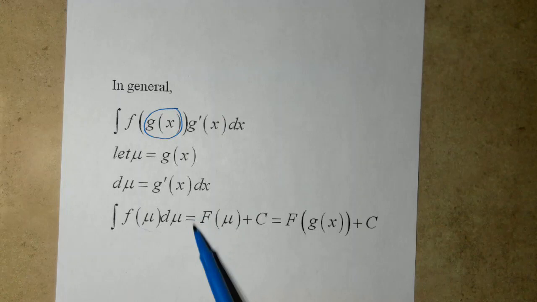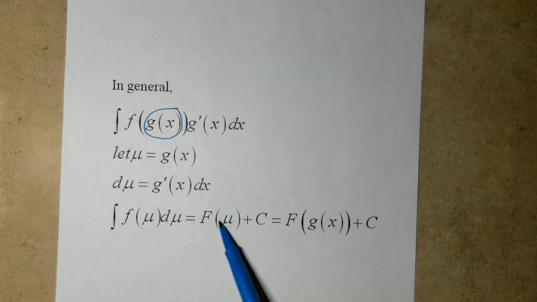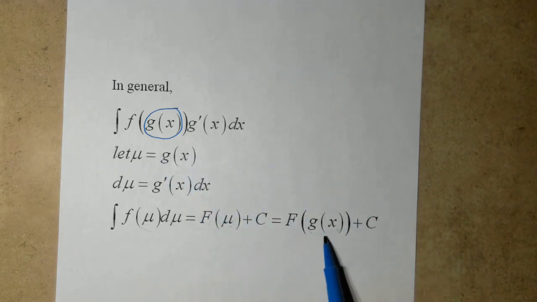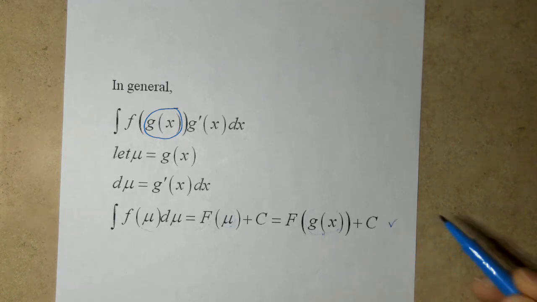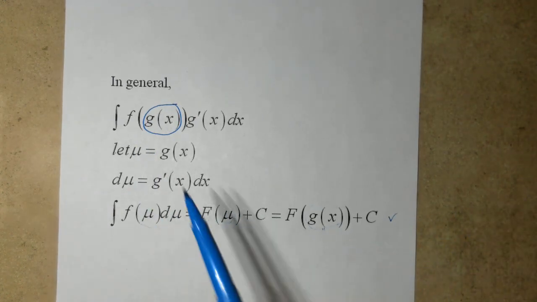That'll be this big F, which means the antiderivative of little f. And once we get there, we don't leave things in terms of u. We go back to whatever our u equals equation was and plug that back in. Hopefully that helps.